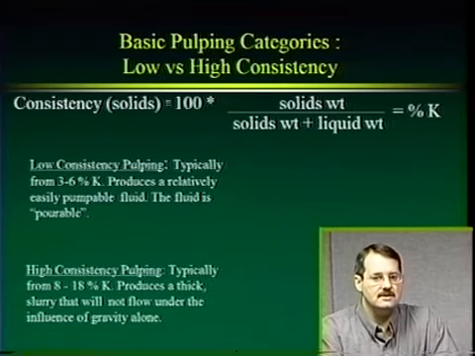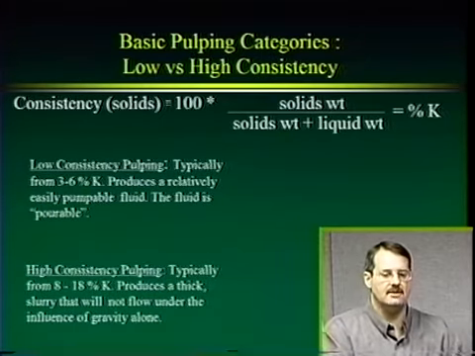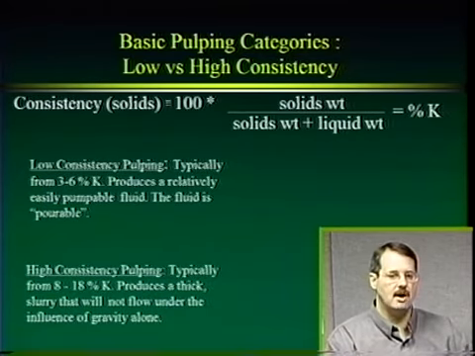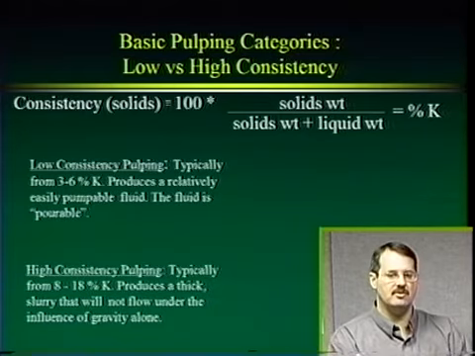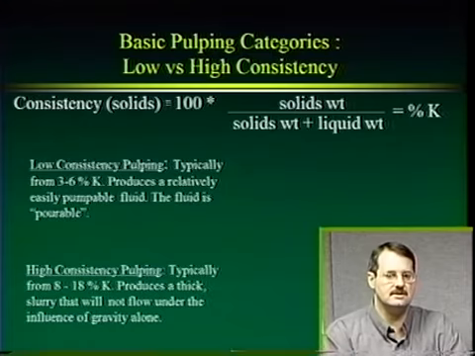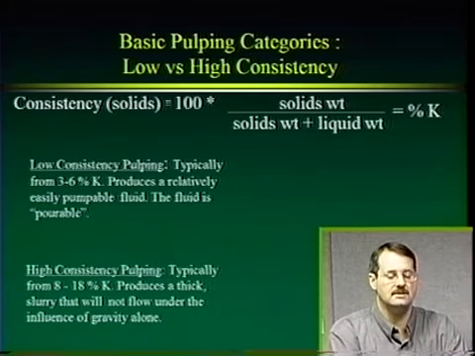Now with high consistency pulping, the pulp is more like oatmeal or very, very thick material. You can just imagine if you took pulp and squeezed it with your hands moderately, you could make a clump of pulp. It would have a lot of water in it. It might be around 15–20% consistency. If you put it on the table, it would not flow.